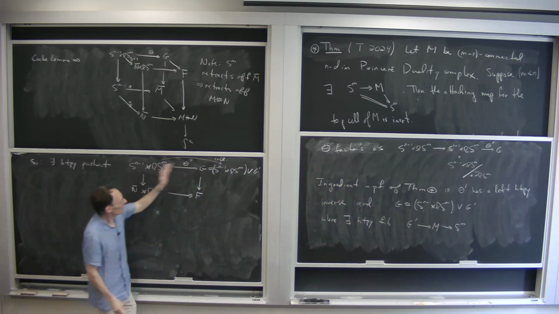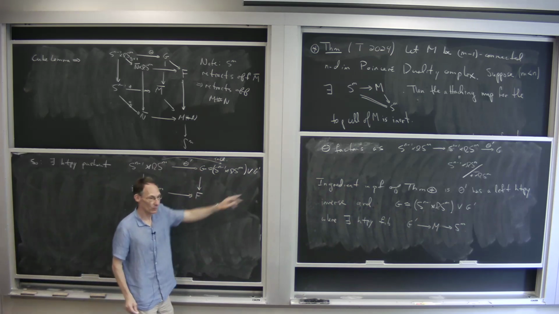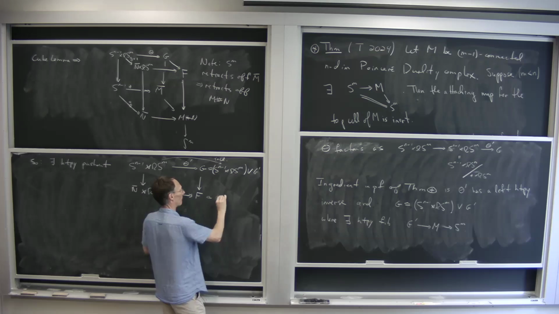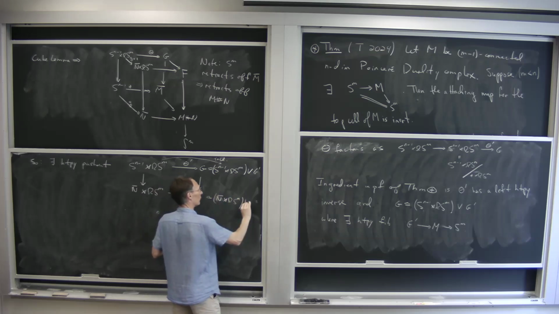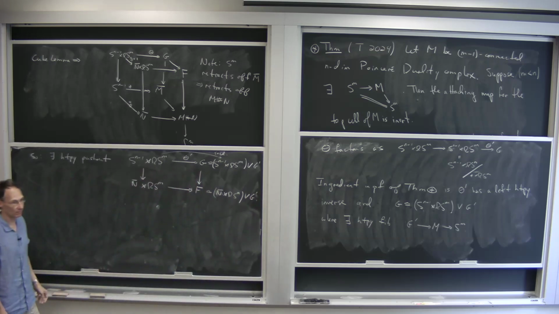So when you push out, all you will get is a copy of this wedged with G prime. To choose if there exists a theta prime such that that's the inclusion. Yeah. With the extension, there's many extensions that we have.